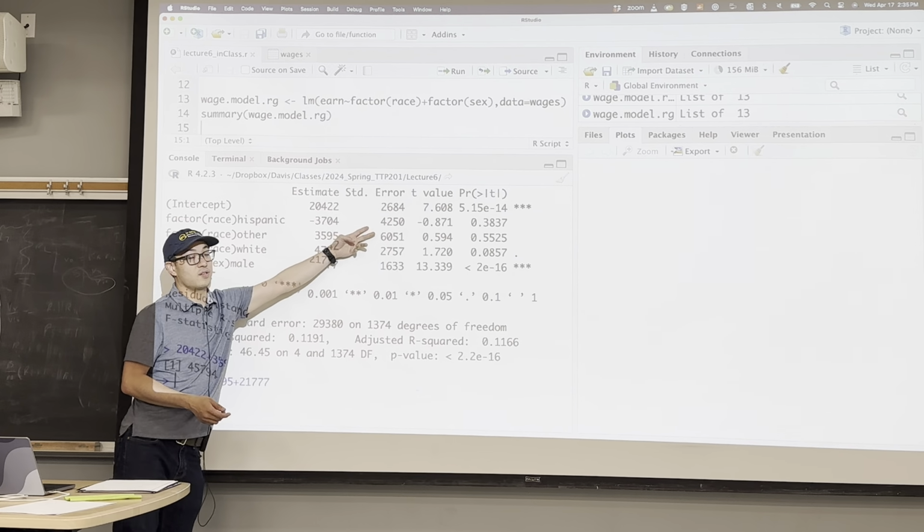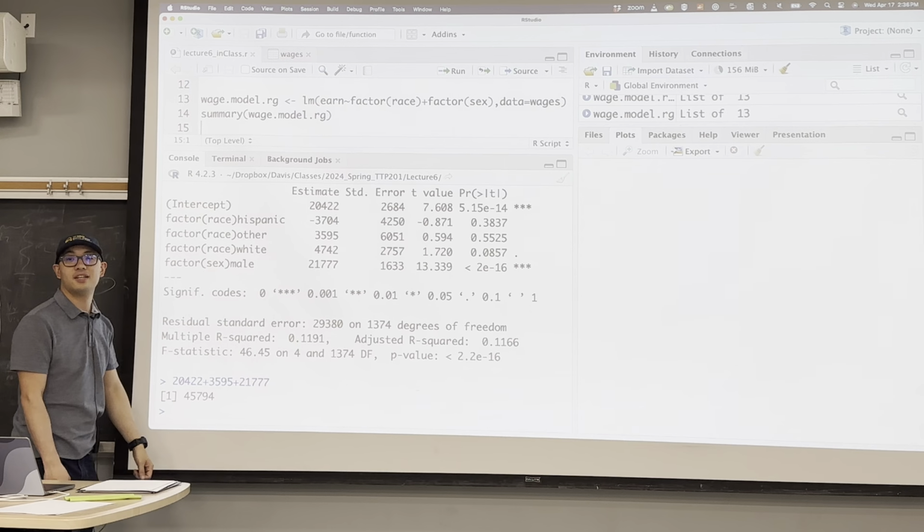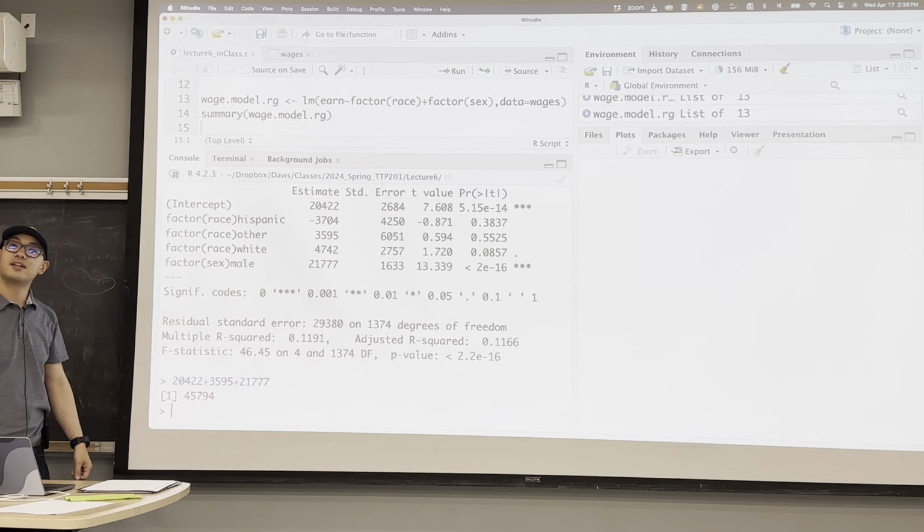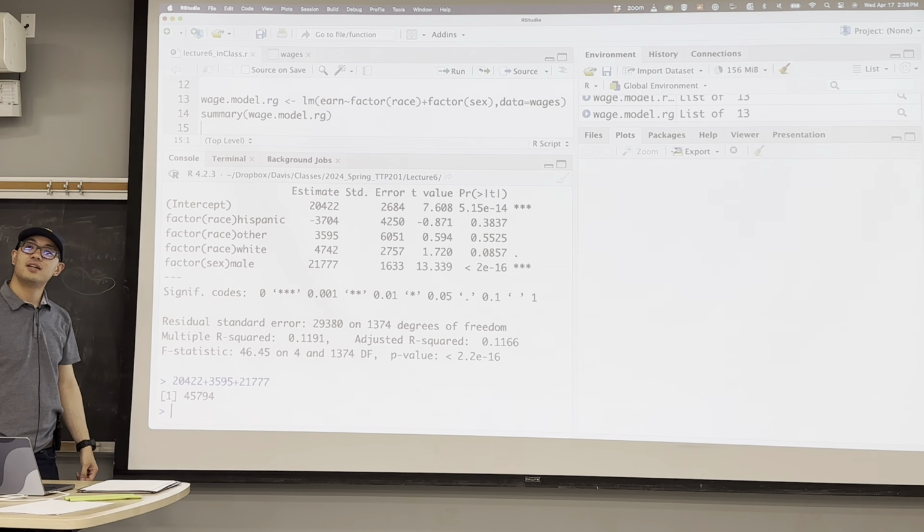The race determines if you're here, or here, or here, and the gender determines if you're here or here. Even if we have a coefficient, it's not meaningfully influencing the earnings because it's not statistically significant.